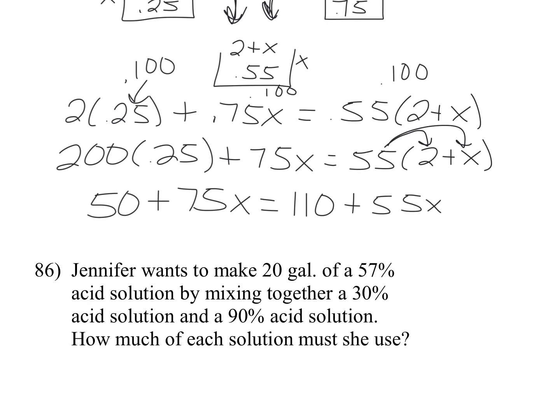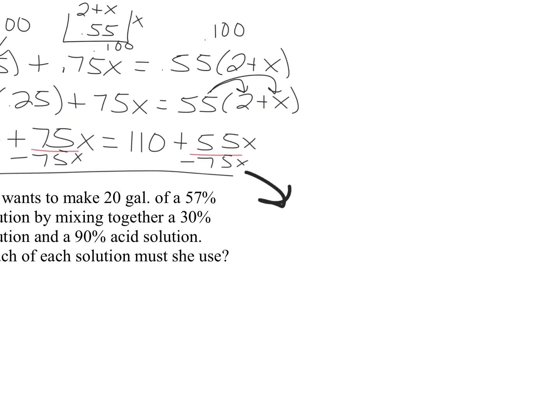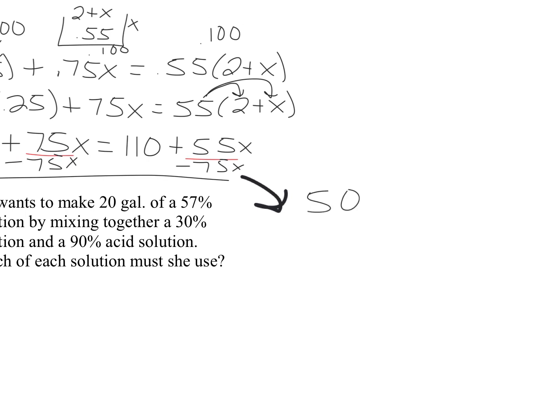Underline like terms. We want all the x's on one side. What should I do? Subtract 75x on both sides. So we have 50 equals 110 plus, minus 20x.